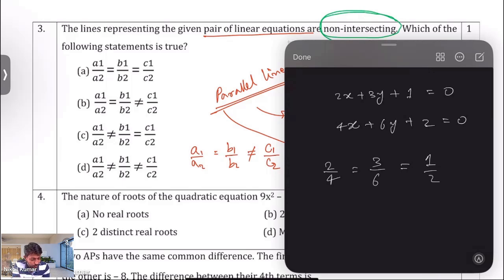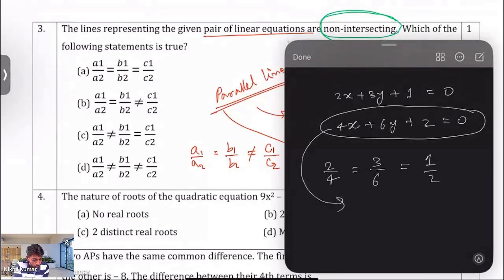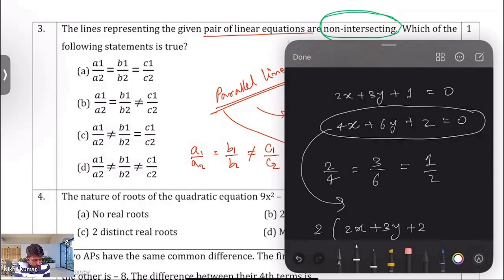How? Let me show you. Let's work on this equation a little. Take 2 common from all the terms. So we'll have 2 into 2x plus 3y plus 1. This is equal to 0. All right. Now you can cancel out this 2 from both the sides, because 0 into 2 is 0.